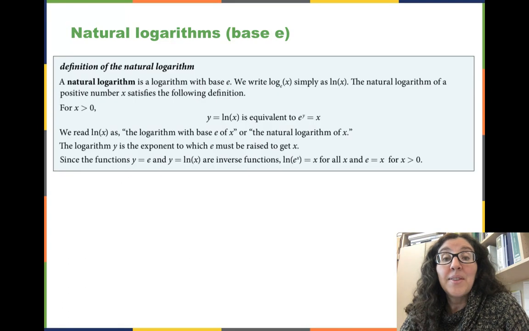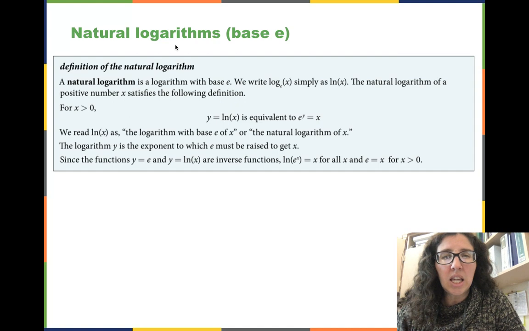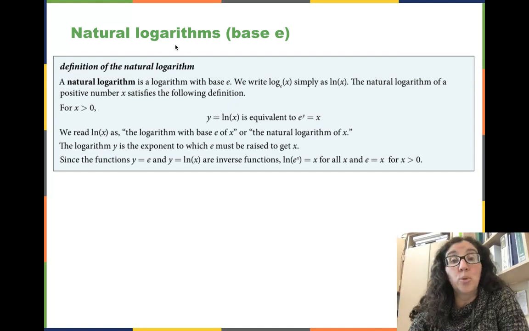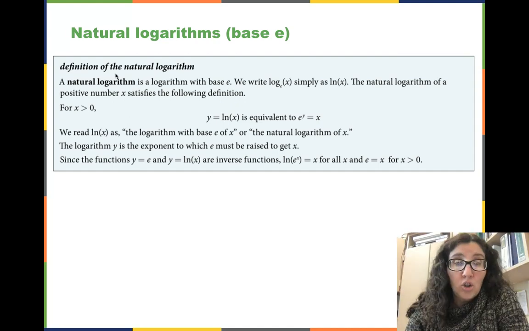All right, the second base that we use is base e, the number e that we talked about when talking about exponential functions. We call this a natural logarithm because, like I said, e is a number that shows up a lot in the natural world. Log base e of x, we write using ln. It's kind of backwards.